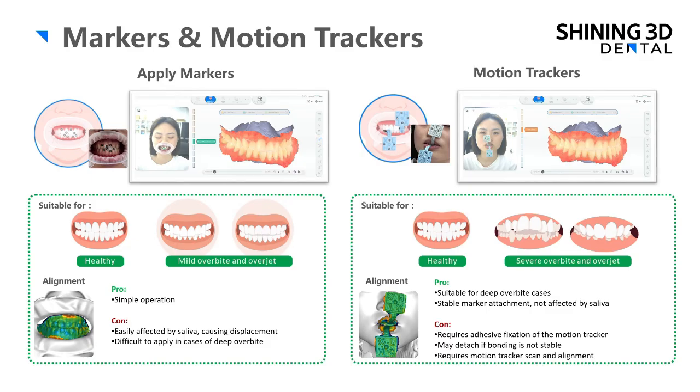The motion trackers are suitable for a healthy bite as well, and also for some severe overbite and overjet. In these kinds of cases, if the patient bites, one of the jaws might block the other one, so it's not suitable to apply markers directly on the teeth surface, and we need to use the help of the motion trackers in order to track the motions while we are doing the scan.